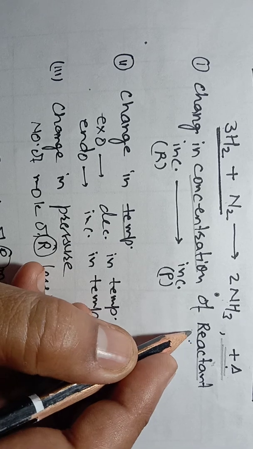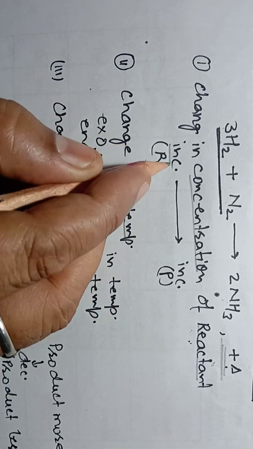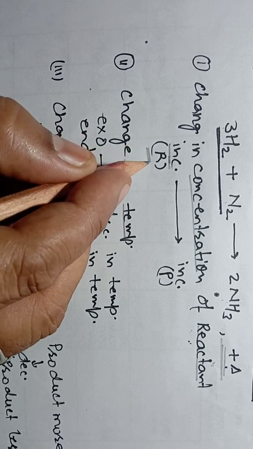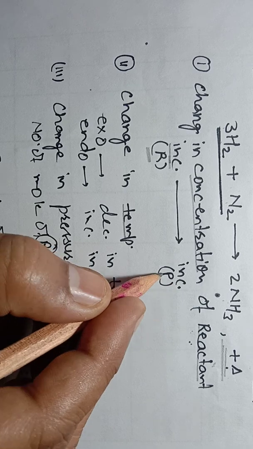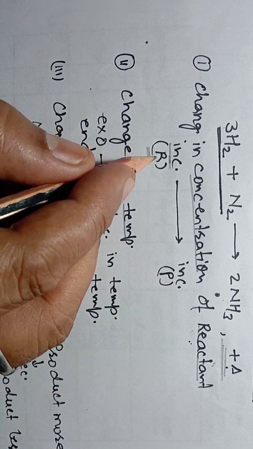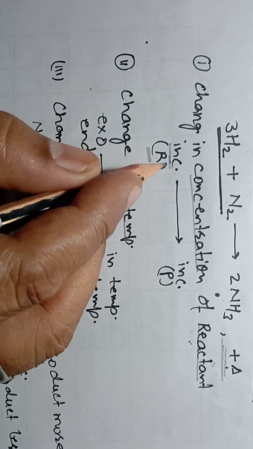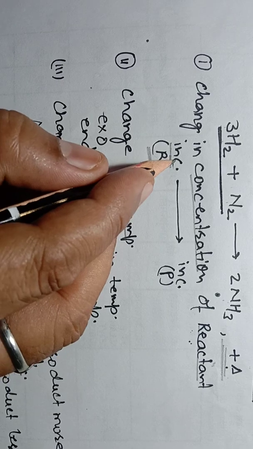As I already told you, if we increase the amount of reactant, you will always get more amount of product. Amount of reactant is always proportional to amount of product.